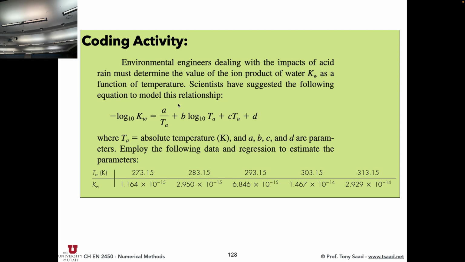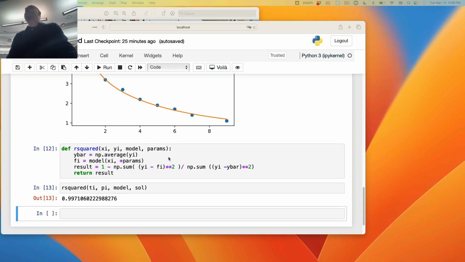Although you have 1 over Ta and log10 Ta, that doesn't matter because Ta is a given value. As far as we care, the coefficients show up linearly. And you're given these data, temperature in Kelvin and the ionic product Kw. So we're going to build this using the regression matrix A.